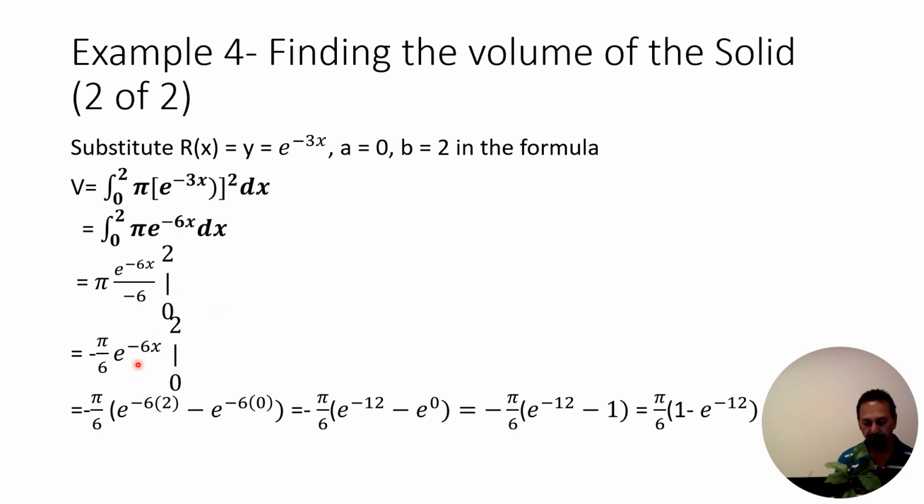Substitute 0 to 2, so first we plug in 2, it becomes negative pi over 6 times e to the minus 6 times 2, and then minus, substitute x equals 0, e to the minus 6 times 0. This becomes negative pi over 6, this is going to e to the minus 12, and this is going to e to the 0. Now e to the 0 is 1. So we can distribute the negative, and now it becomes pi over 6 times (1 minus e to the minus 12).